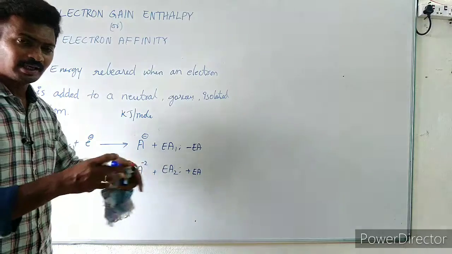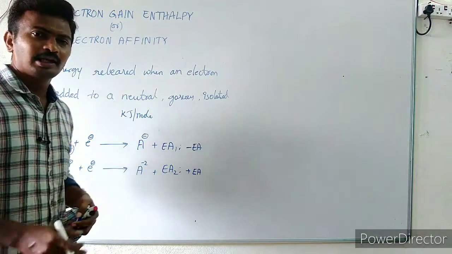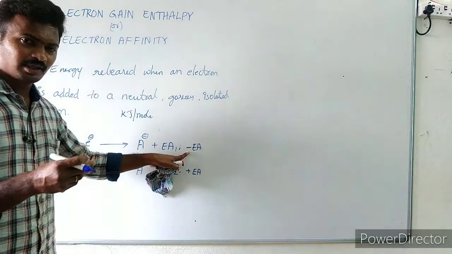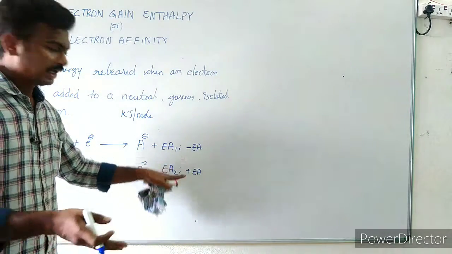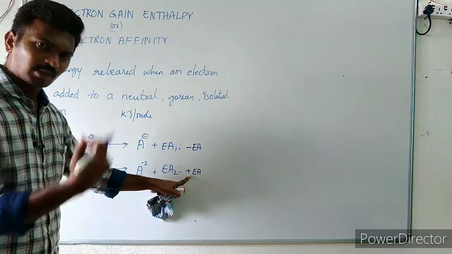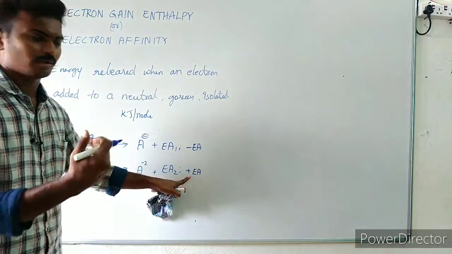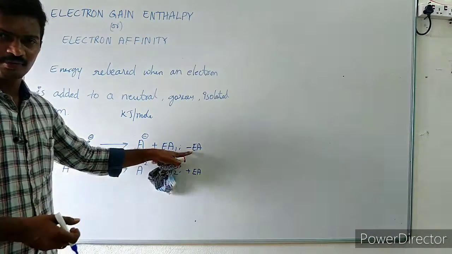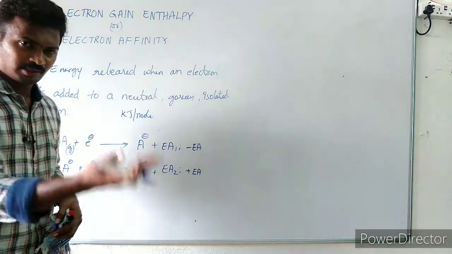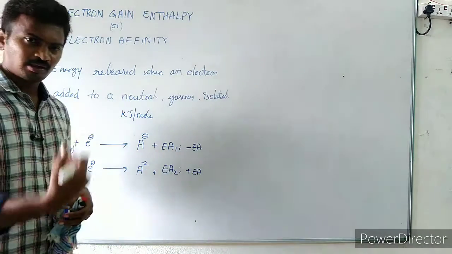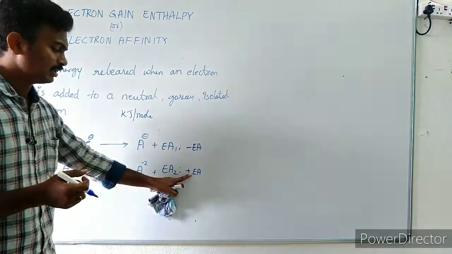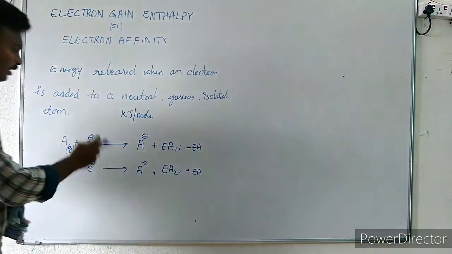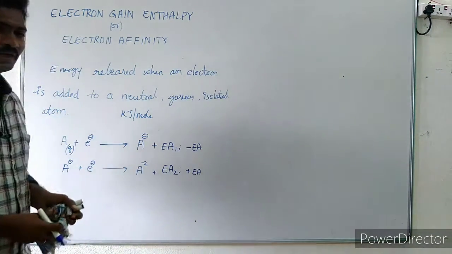In the case of the first one, energy is liberated out, giving out energy, so we put minus, and in the second case it requires energy, so we put positive. So don't get confused with these signs. Negative means liberated, positive means it gains energy to add an electron. So this is the case of electron affinity.